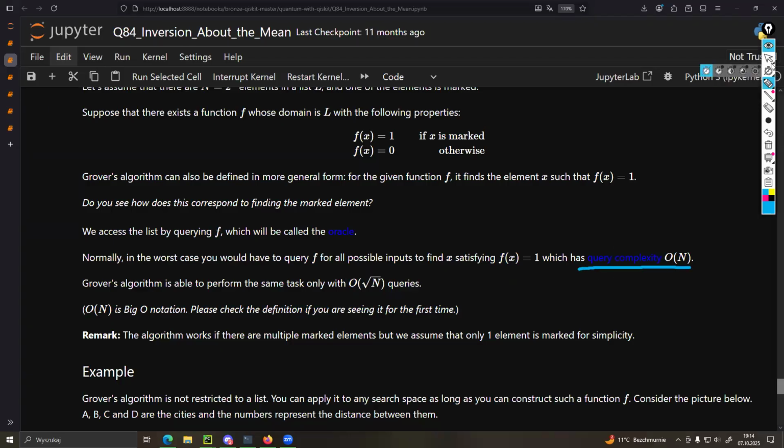This is the complexity, right? This is the word that I missed.